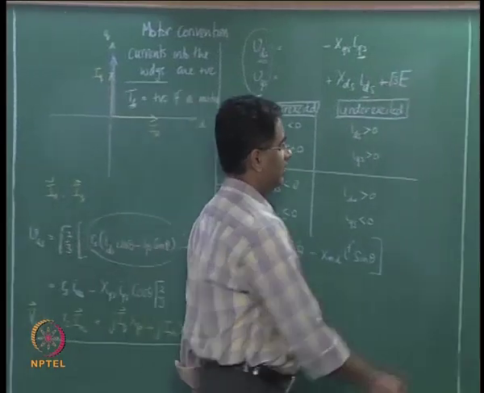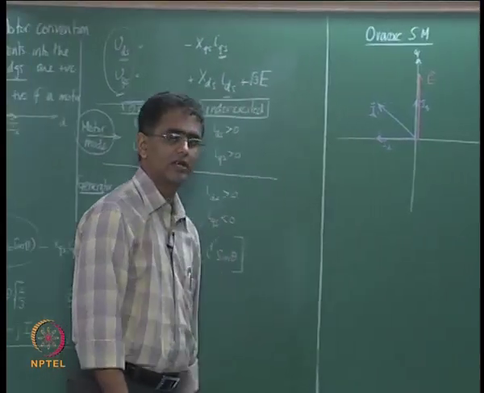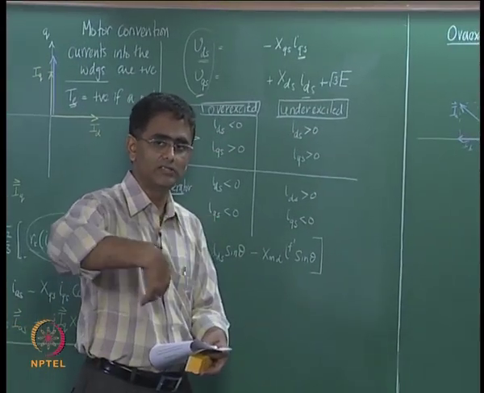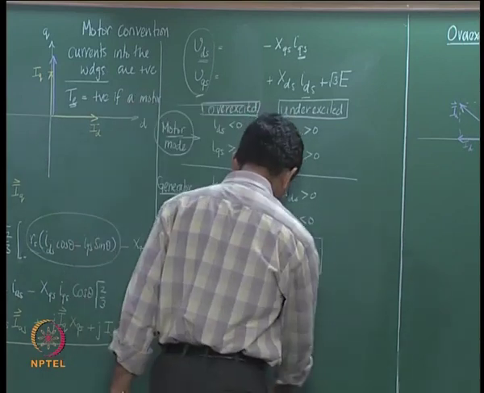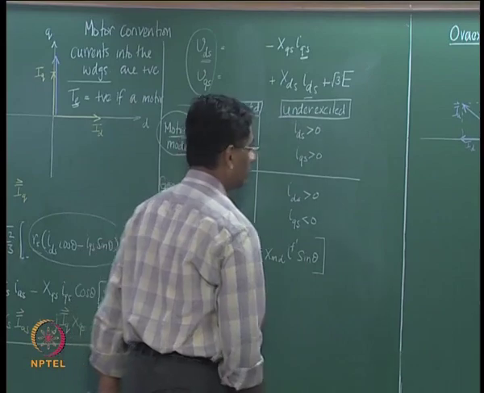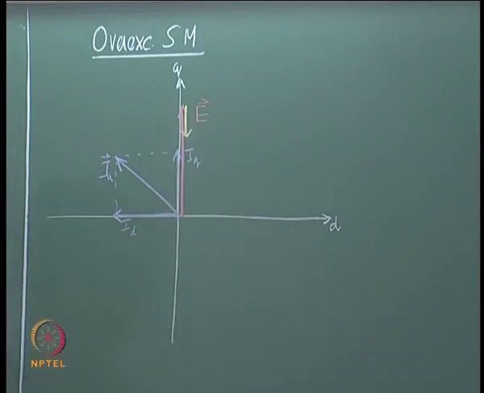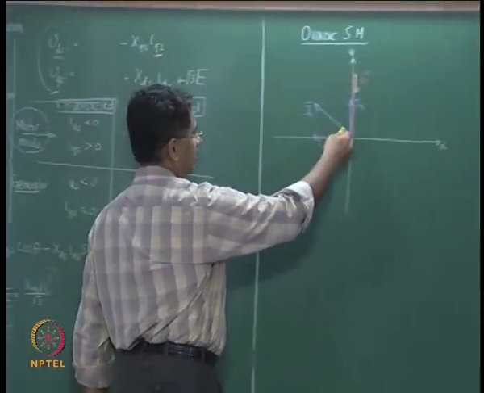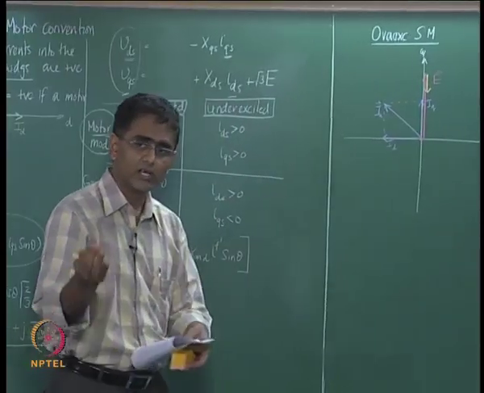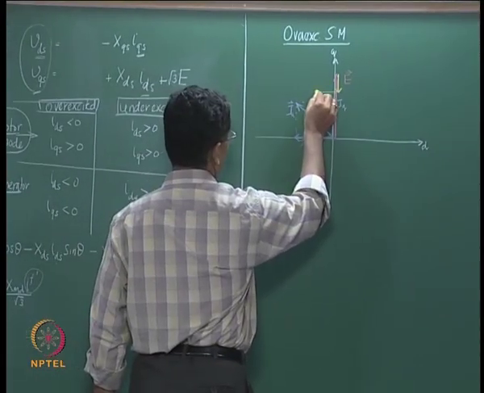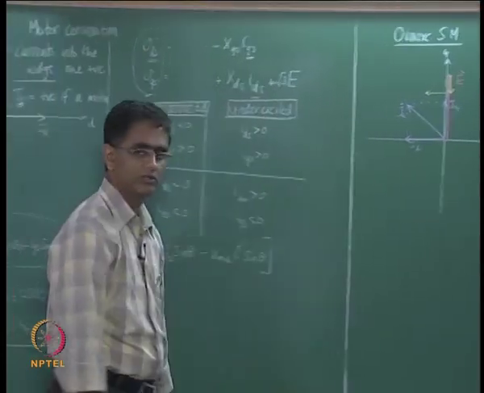IDS is here. Now J times IDS will be a phasor that leads IDS by 90 degrees, and that would be J times IDS into XDS, and then you have J times IQ into XQS. IQ is a phasor that is here, J times IQ will lead it further by 90 degrees, so J times IQS XQS.